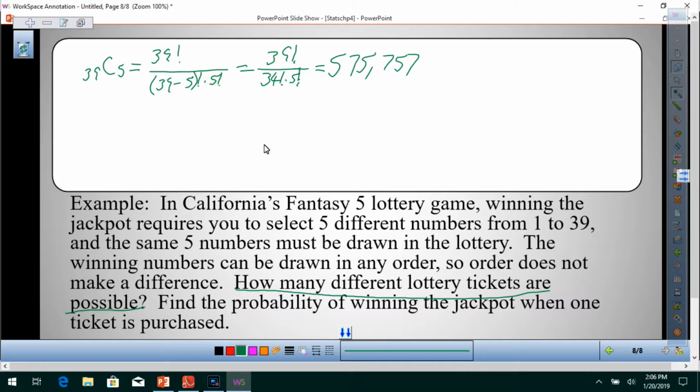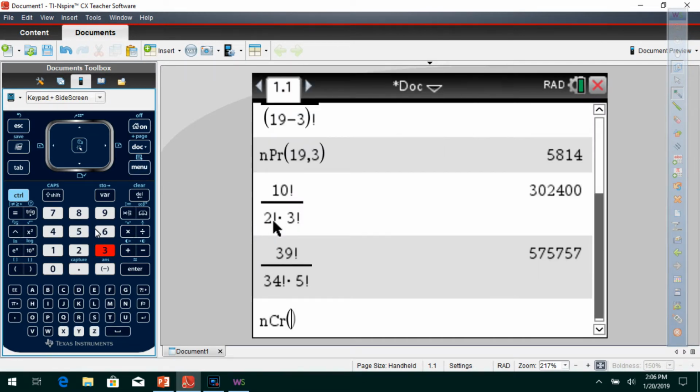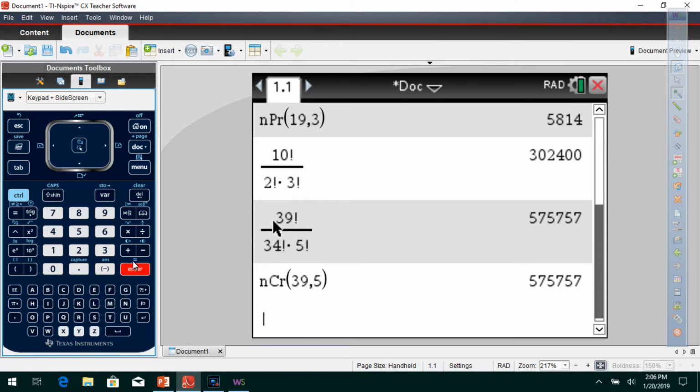Well, that's different, isn't it? All right. Well, is there another way to do it? You could use menu 5-3. Menu 5-3, and we have 39, comma 5, and we get the same answer. Okay? That's menu 5-3.